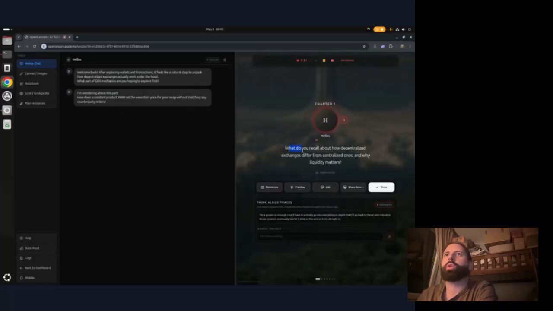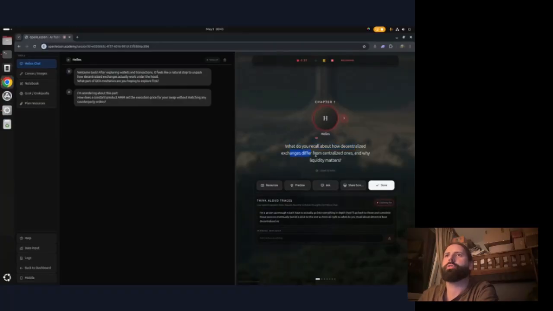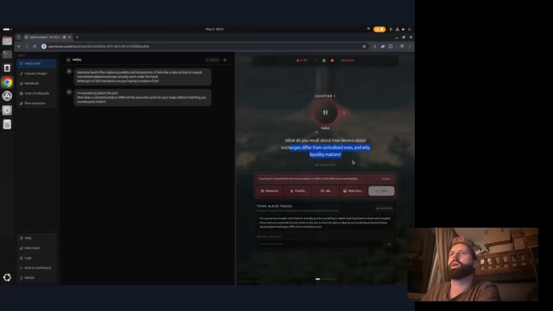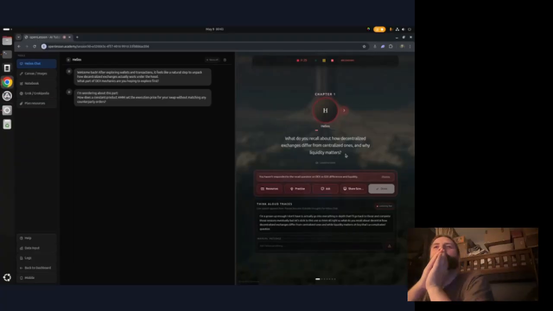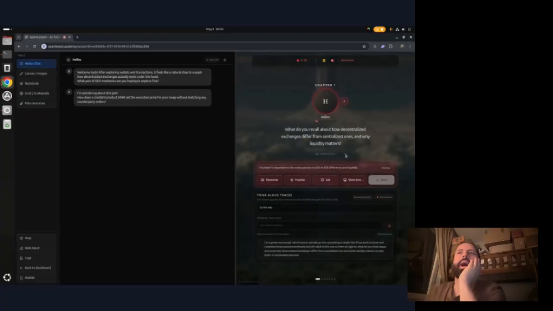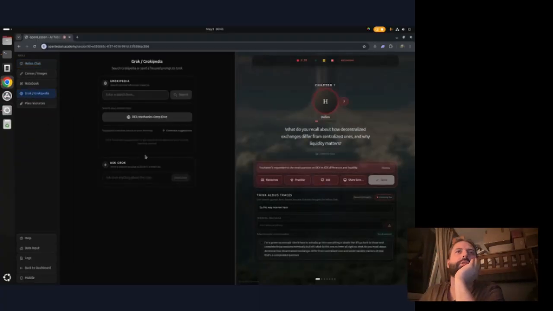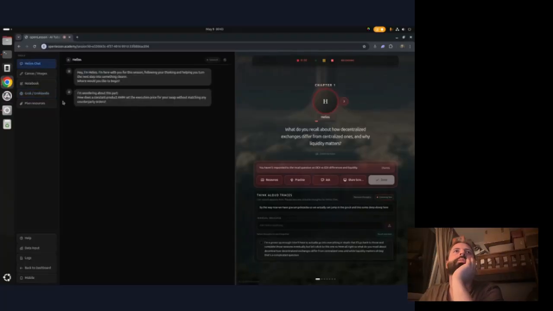All right. So, what do you recall about how decentralized exchanges differ from centralized ones, and why liquidity matters? Oh boy, that's a complicated question. By the way, now we have Grok and Grokipedia, so we actually can jump into Grok and do some deep dive in here.